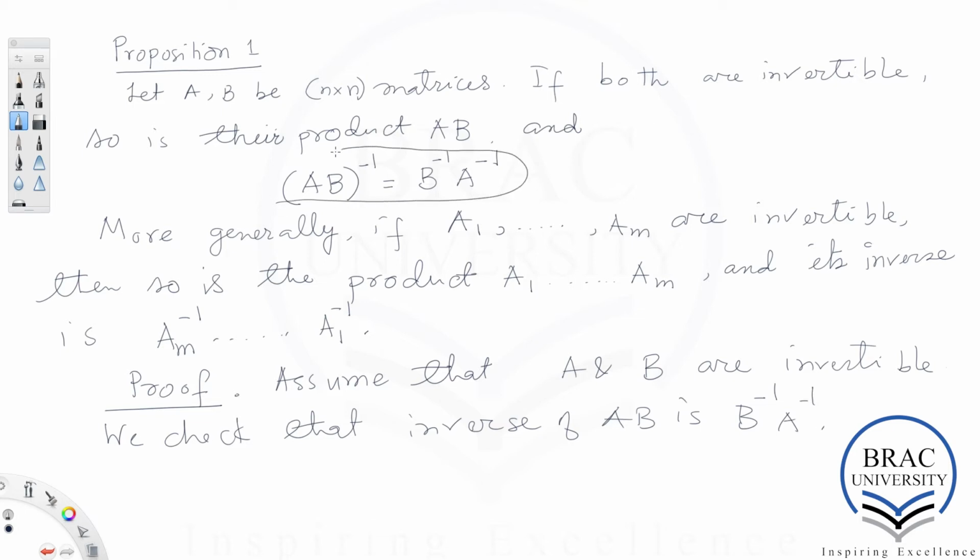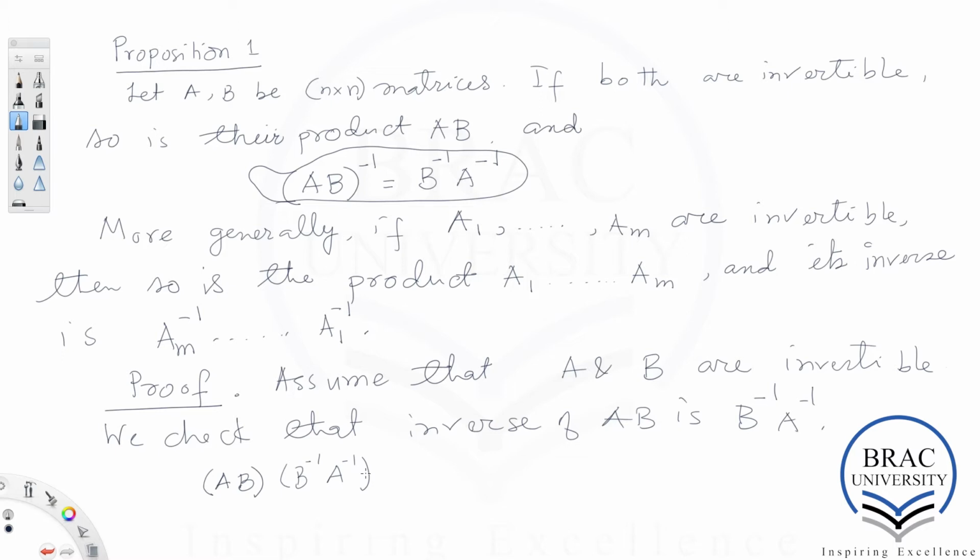So this means that we have to check if the inverse of AB is indeed B inverse times A inverse. Okay, so we just use the definition of inverse. So we put AB first, and then we put B inverse times A inverse, and then see if we get the identity matrix back.